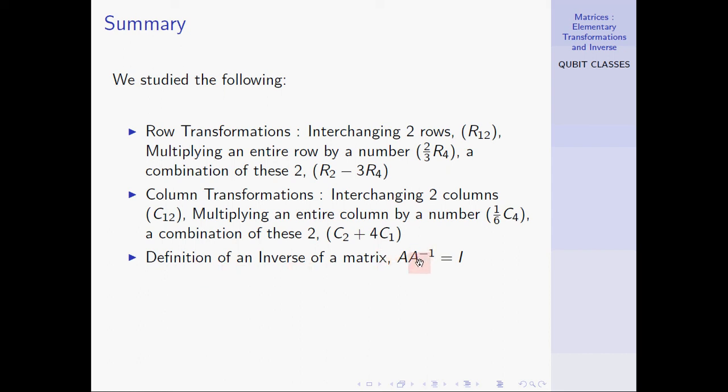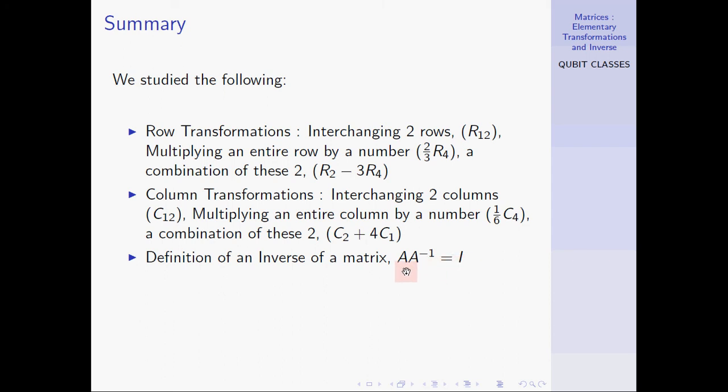So if A inverse is the inverse of matrix A, then A into A inverse will be I. Now, we stated that finding an inverse of a matrix is an operation which is similar to division. And this is how it goes. Consider the number 2. Now we know that 2 into 1 upon 2 is equal to 1. So 1 upon 2 in the language of indices can be written as 2 raised to minus 1. So 2 into 2 raised to minus 1 is 1, and A into A raised to minus 1 is I.